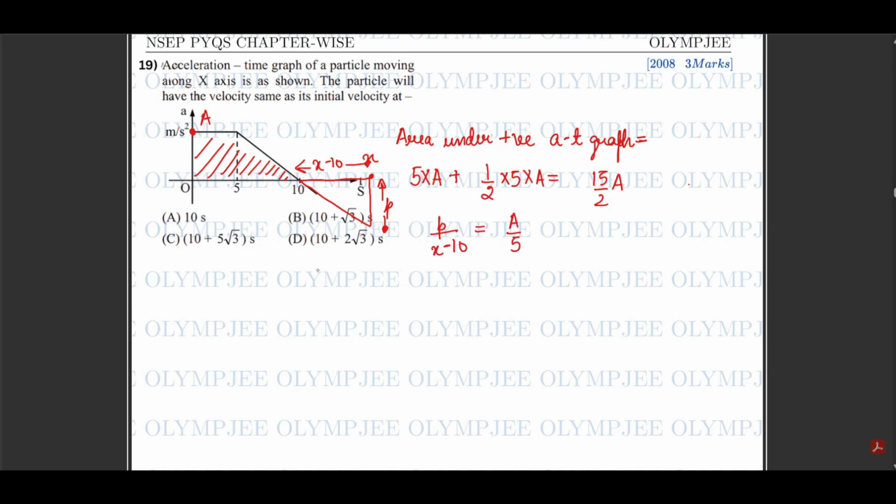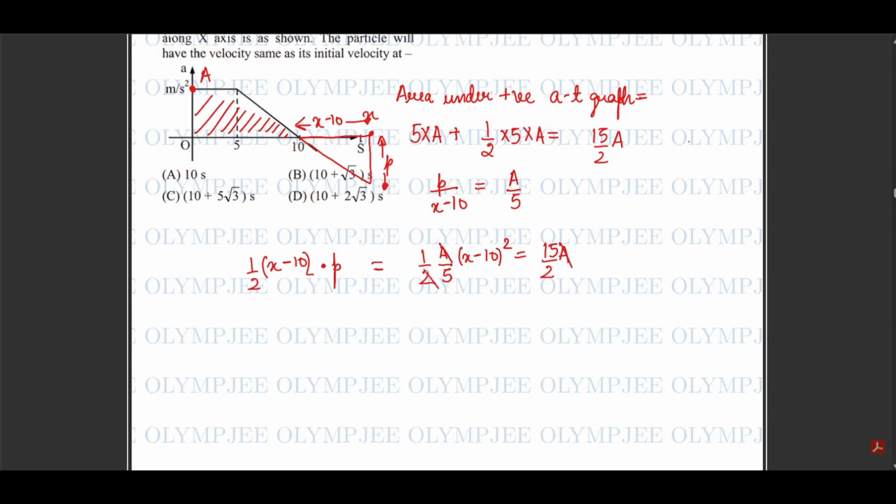So also the area of this triangle will be, and we can substitute the value of p from here, which will give us half into a by 5 into (x minus 10) square, which is 15 by 2a.